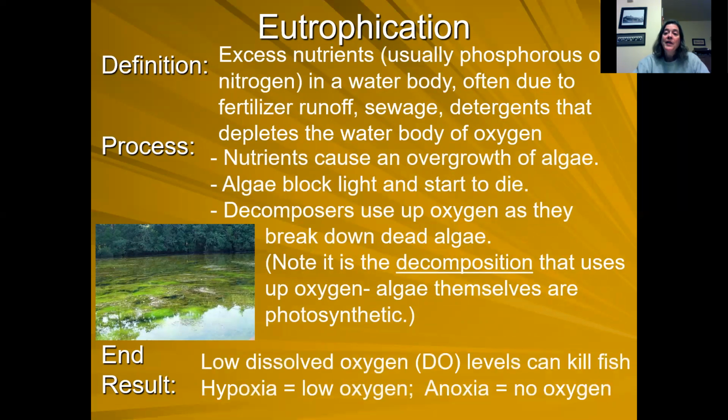When that happens, you get very low oxygen in your body of water, and you can get either hypoxia, which is low oxygen, or anoxia, which is no oxygen. All fish need a certain level of oxygen to survive, and dissolved oxygen is something we'll be looking at in some of our labs. But if the dissolved oxygen in the water drops too low, your fish start to become stressed, and then at a certain point, they can't survive anymore.